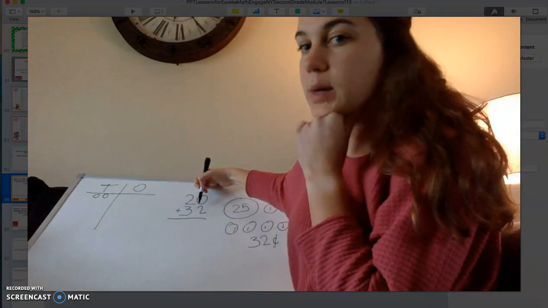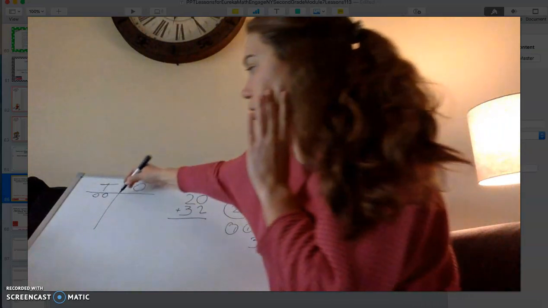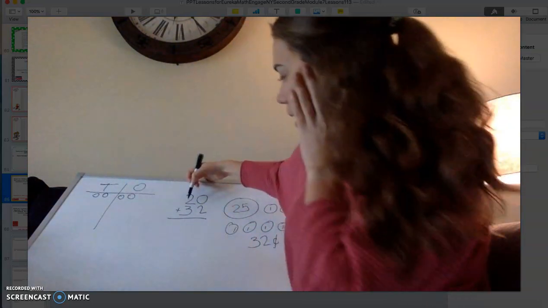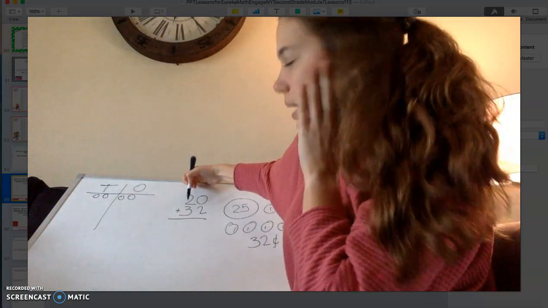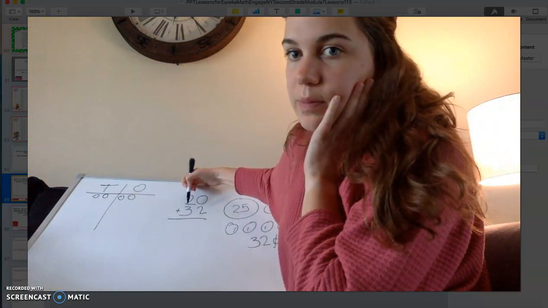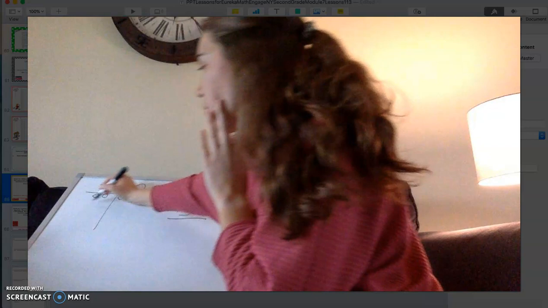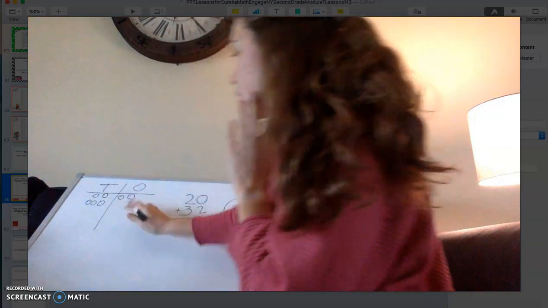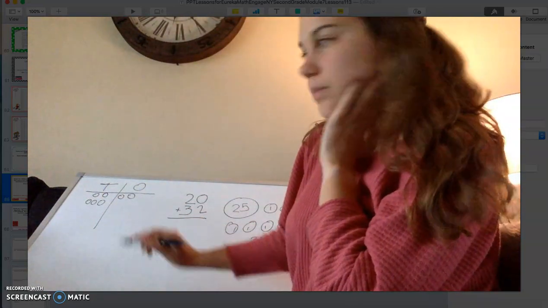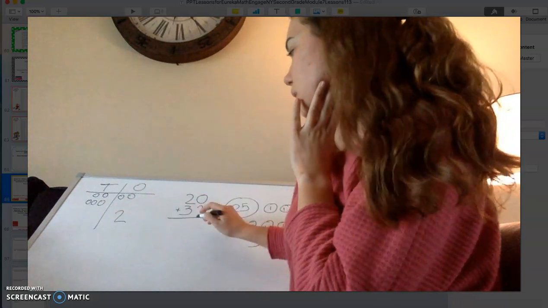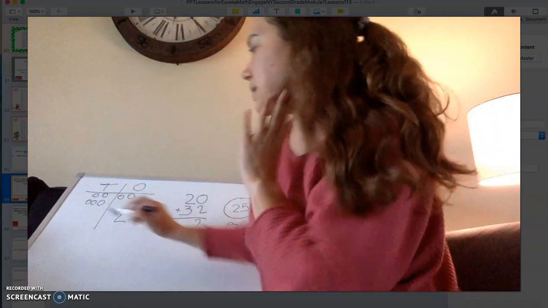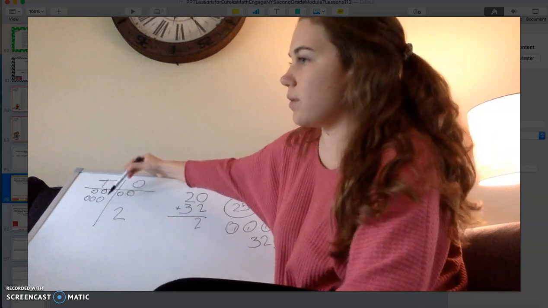Remember, you always start in the ones column. So if we add 2 ones, and how many tens are we going to have? Good, we're going to add 3 tens. So how many ones do we have now? Good, we have 2 ones. And how many tens do we have? 1, 2, 3, 4, 5.